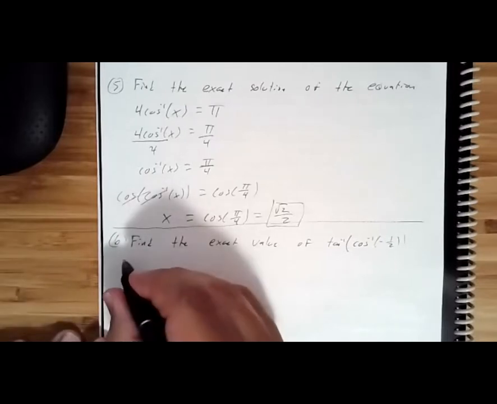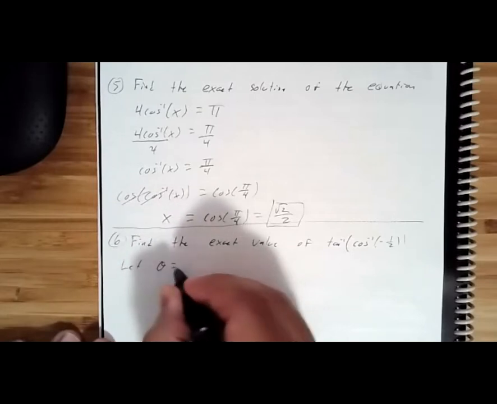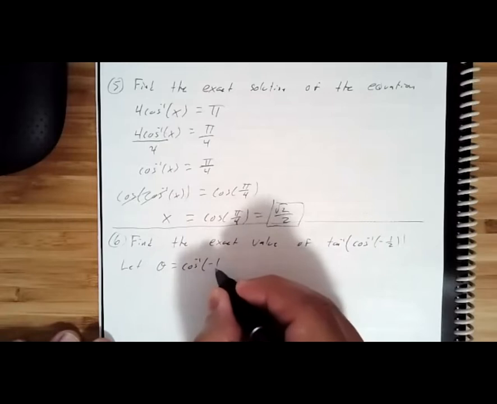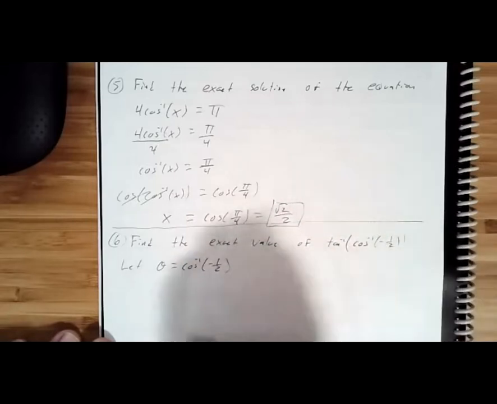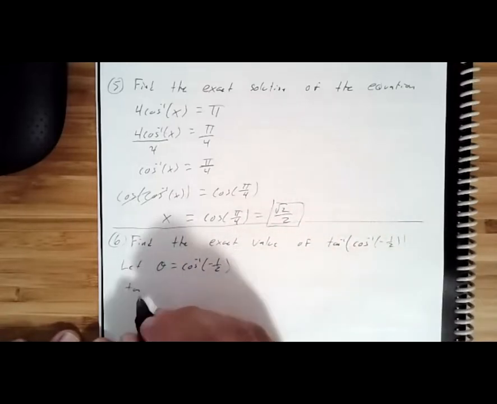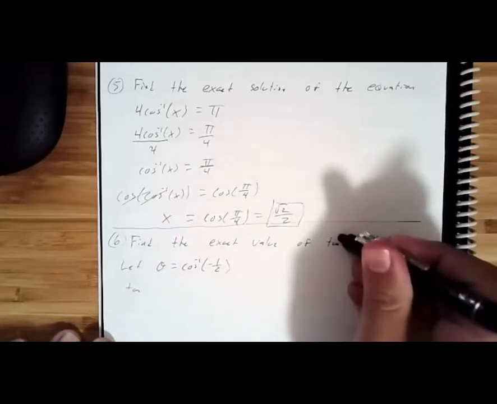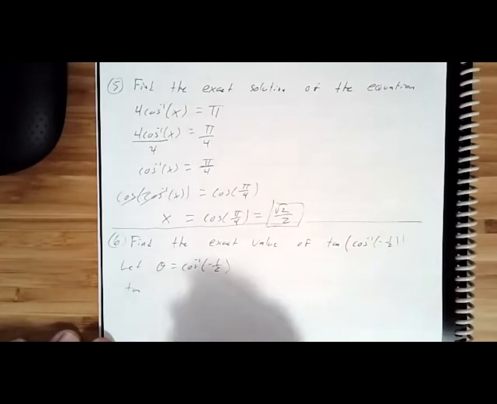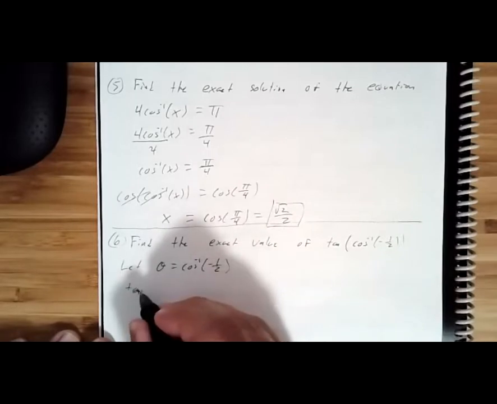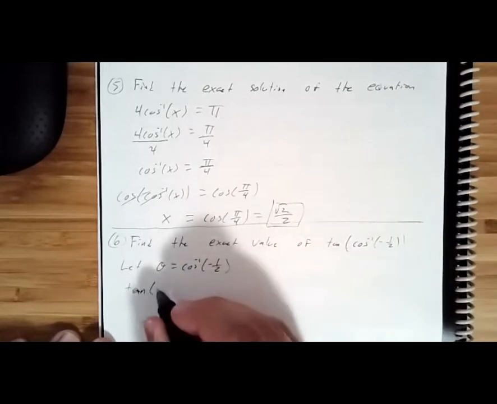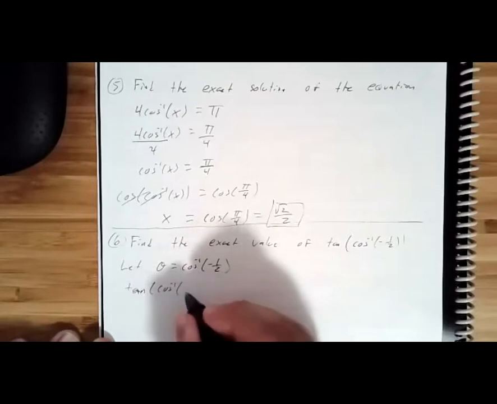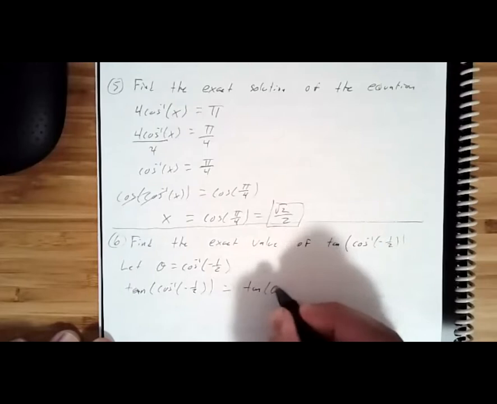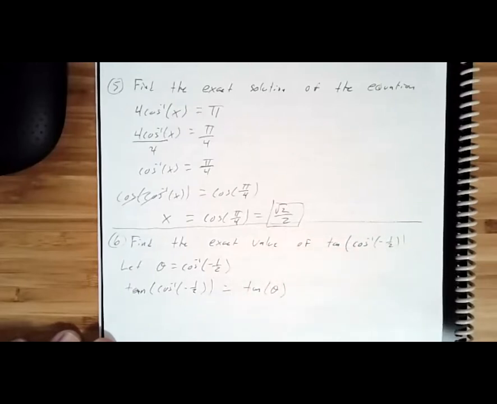So you say basically that theta is cosine inverse of negative half. So tangent, actually that should be just a regular tan, not inverse. So tangent of cosine inverse of negative half will simply be tangent of theta, just to keep it simple, right?